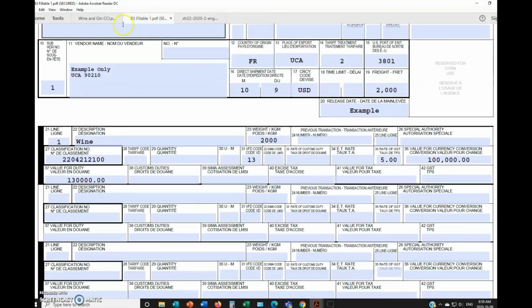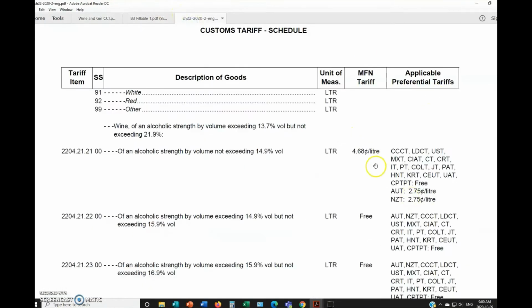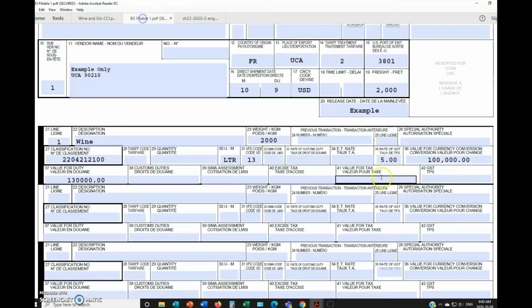So when we do this, we have wine. I've filled out everything else just as an example. This is the gross weight of the whole entire shipment. We got the HS number, and the unit of measure is LTR, which stands for liters. So we've got that. Now we need to get the duty rate. The duty rate is 4.68 cents a liter, most favored nation. So remember, when we put the rate of customs duty in, it's 4.68 cents, so that is 0.468.